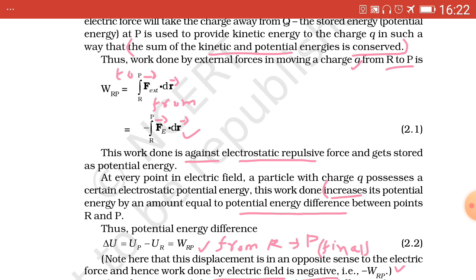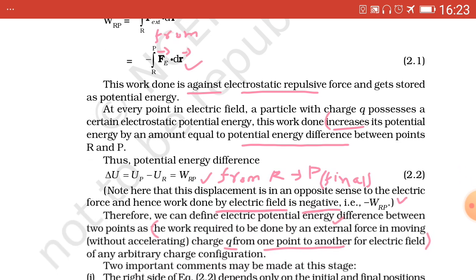Now next point, this work done which we have calculated in equation 2.1 increases its potential energy by an amount equal to the potential energy difference, which has been underlined, between points R and P. Thus, potential energy difference delta U, as it is a difference, we denote it by the delta symbol, and U is the symbol of potential energy.